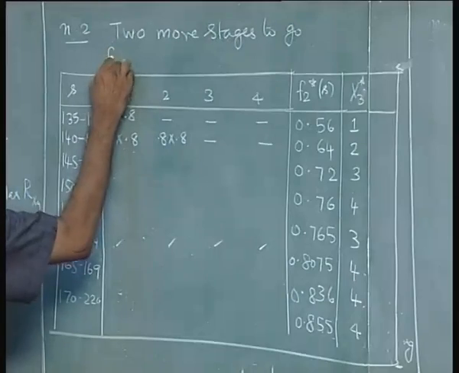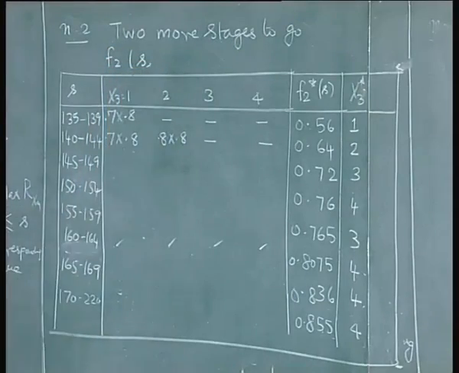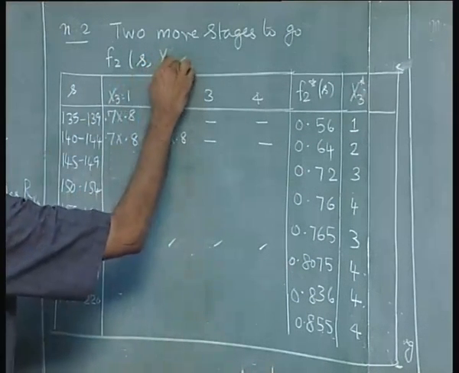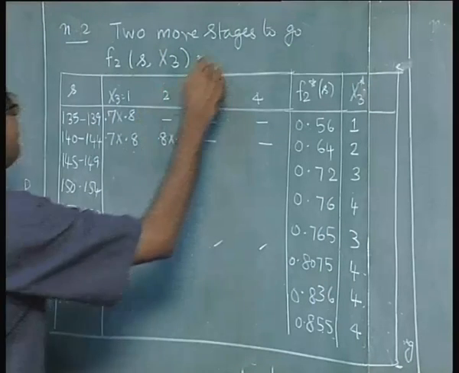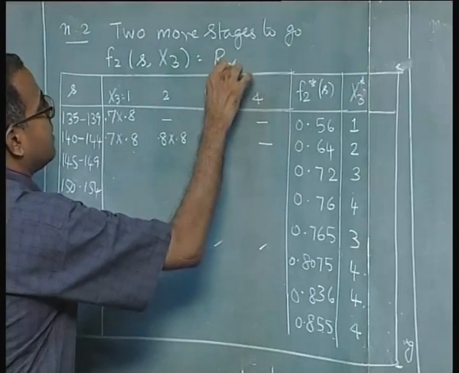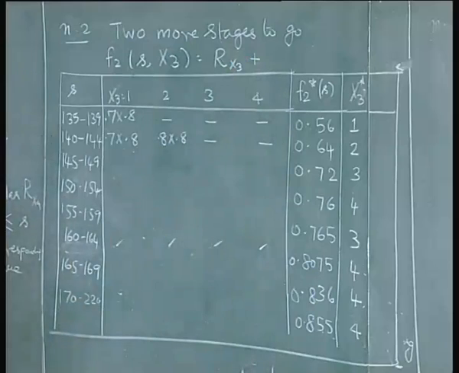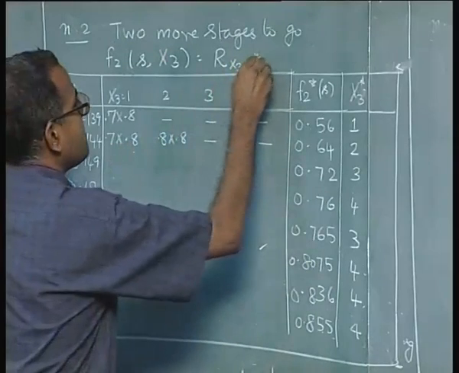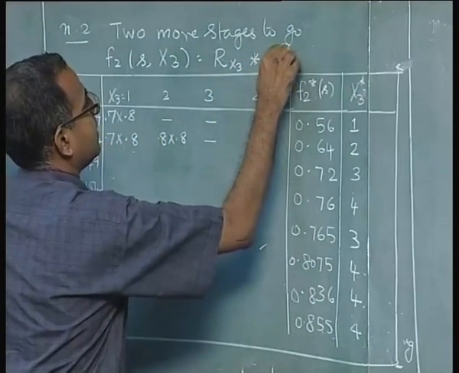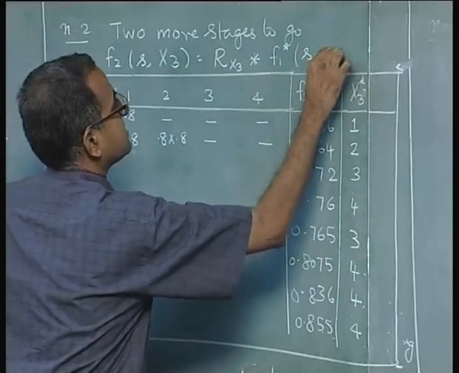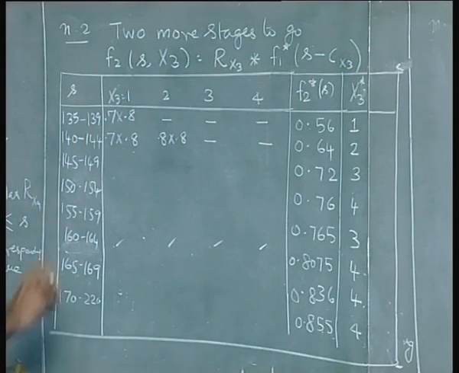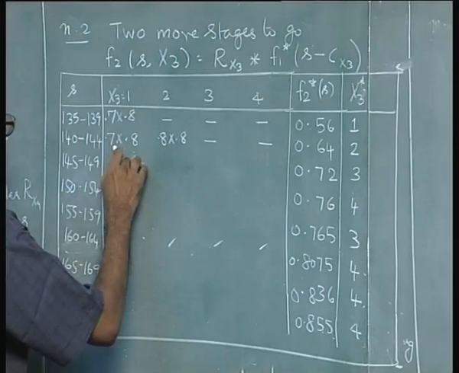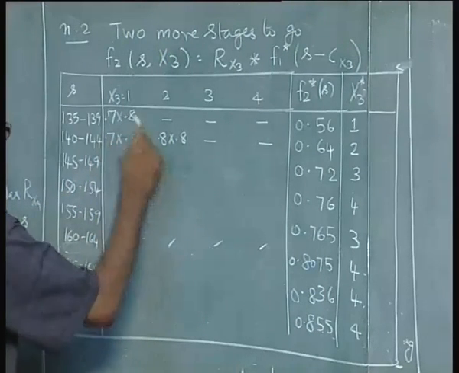So if I have 2 more stages to go, if I have S rupees, which is my state variable, and decide to buy x3 units of this, I will have R of x3 multiplied by f1 star of s minus c of x3. For example, just to calculate, say something like this.